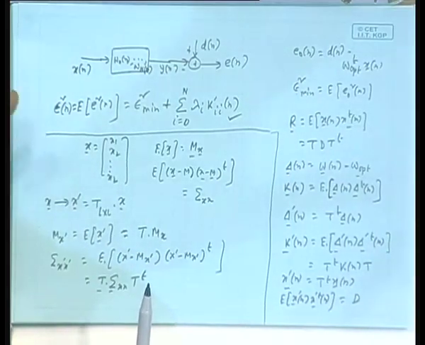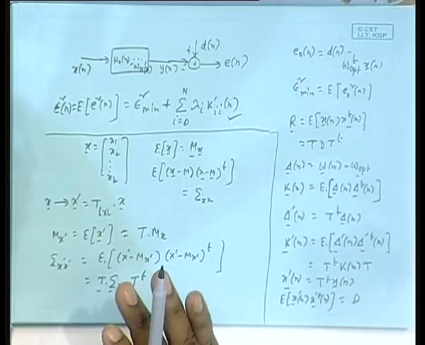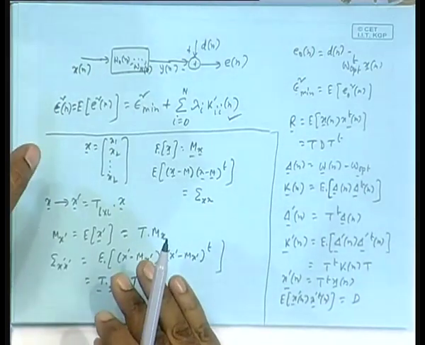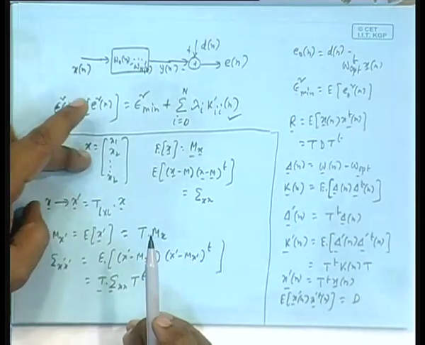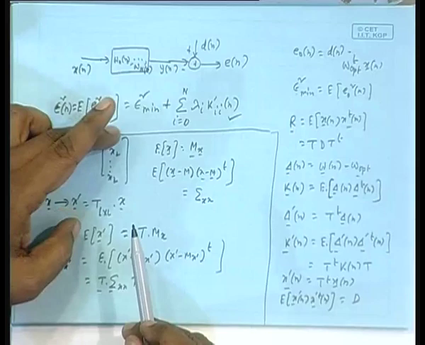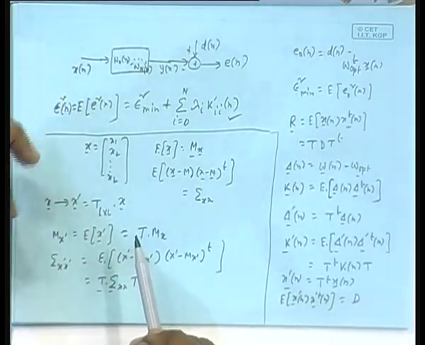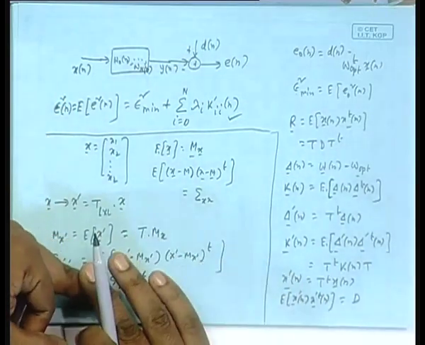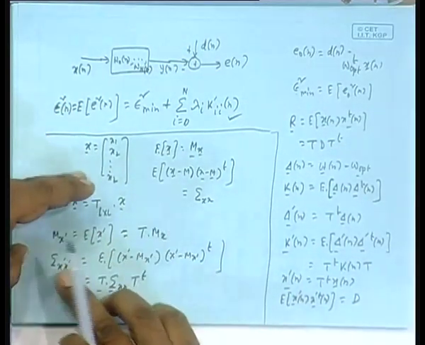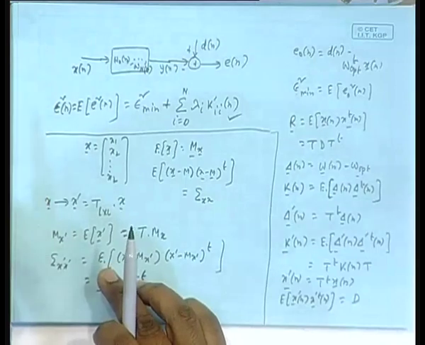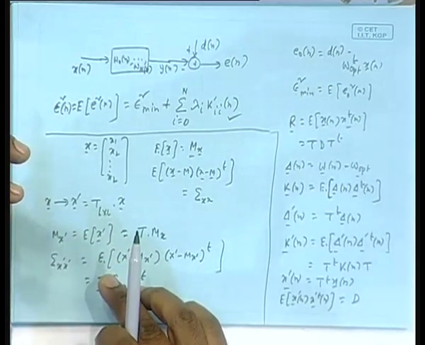Gaussian is so beautiful: if you have a vector x of random variables with a joint Gaussian density, and you linearly transform it, x prime also will consist of random variables which are jointly Gaussian.